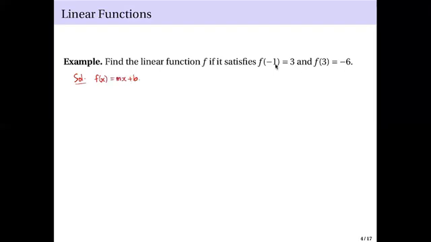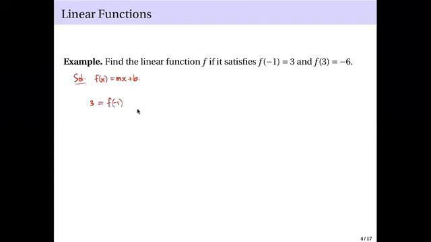And then we use the information that we have in here. It is said that if we evaluate f at -1, the value of the function will be 3. So you have that f of -1 equals 3.